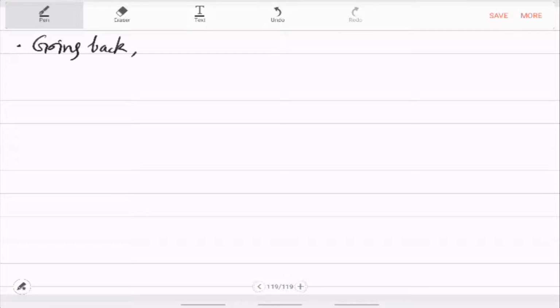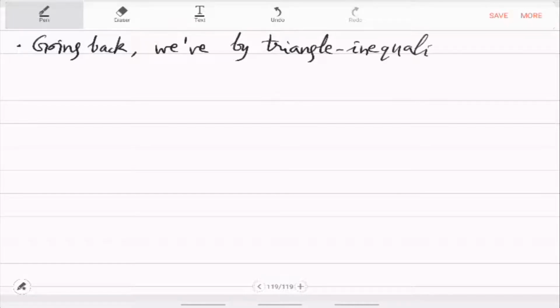So going back, we have by triangle inequality that the matrix norm of M, which is defined by the norm of a vector, right, the action of M on x. So on a vector norm you can apply triangle inequality, so hence you can apply it on this matrix norm also.